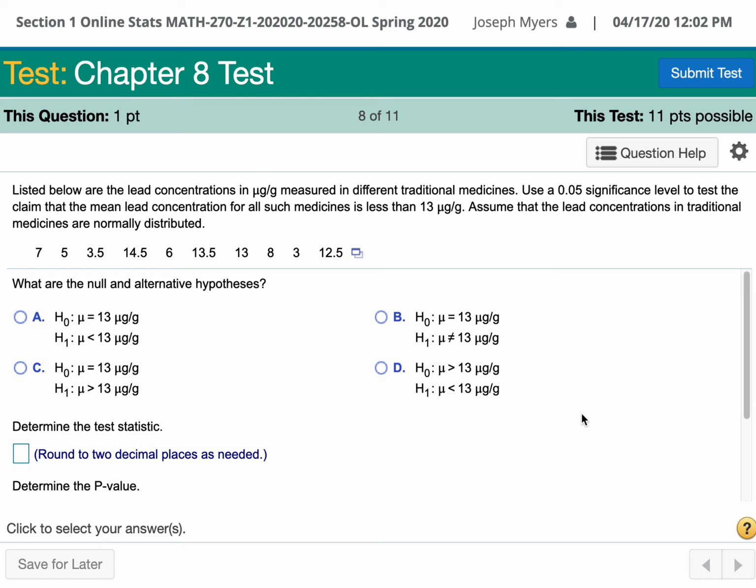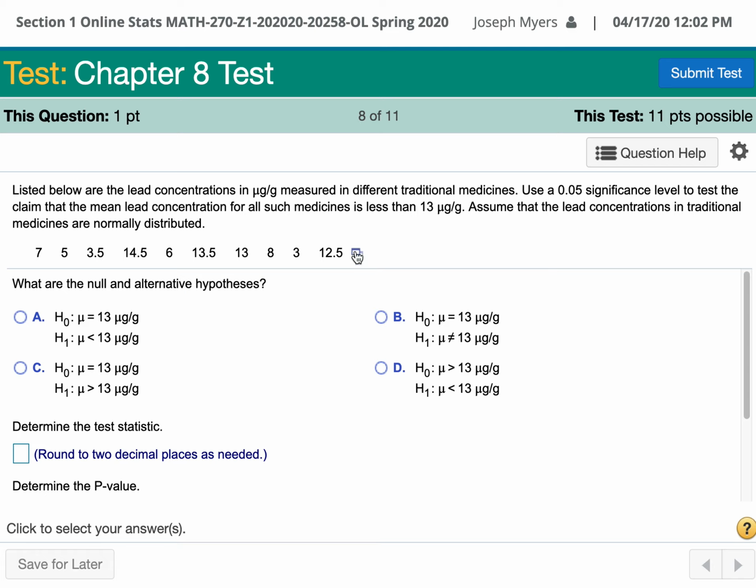Listed below are the lead concentrations in micrograms per gram, which you could also call, I think, parts per million maybe, in different traditional medicines. Use a 0.05 significance level to test the claim that the mean lead concentration is less than 13.